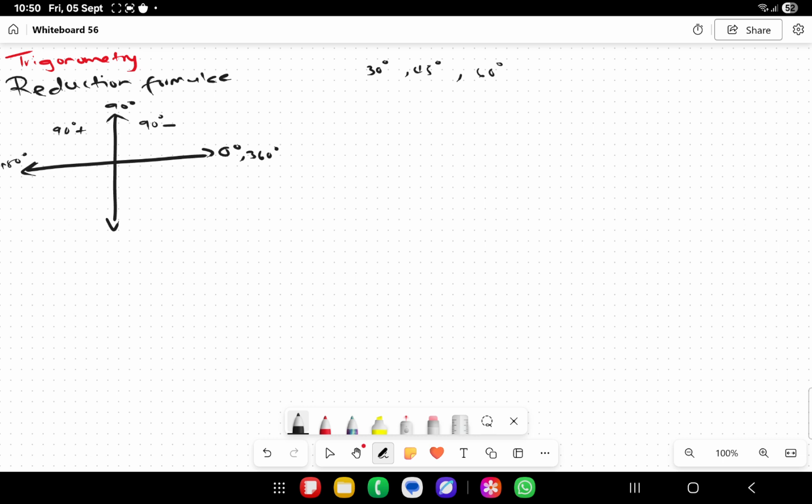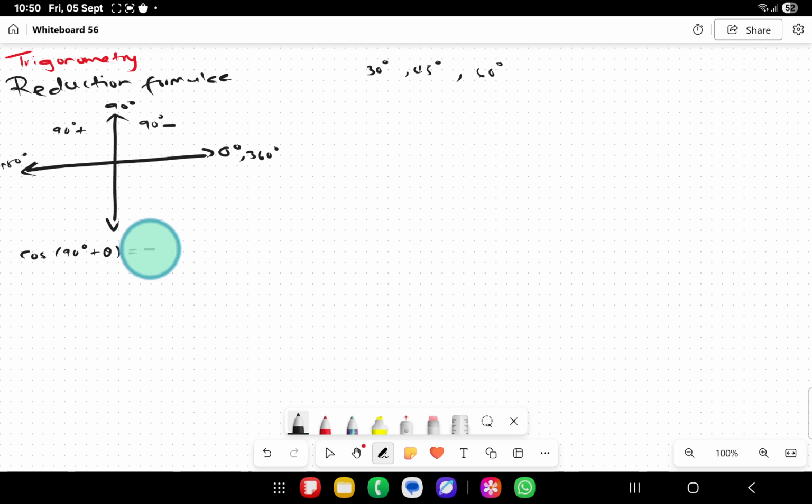What you need to know is when you have the cos of 90 degrees plus theta, it means you are in quadrant number 2 where cos is negative.